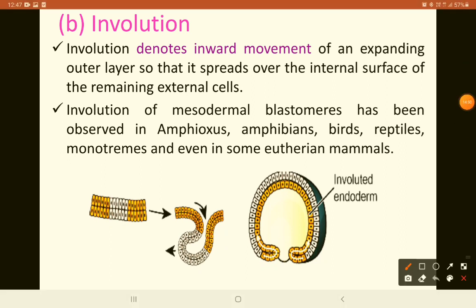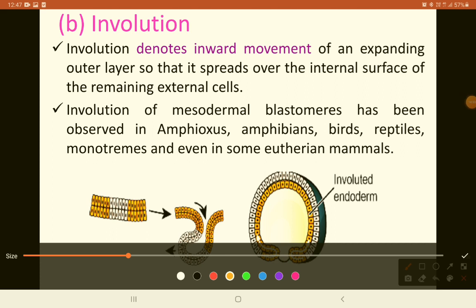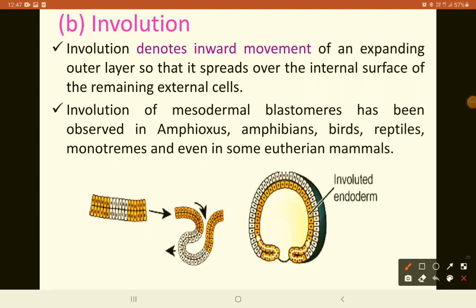this clearly represents how this process occurs. Now, in invagination, what we saw was the cells moving directly inward like this. But in involution, the cells roll over the already existing cells and then move inside. See, if you look here, it takes a bend, a curve, rolls over these cells, and then moves inside. Such movement is called involution.